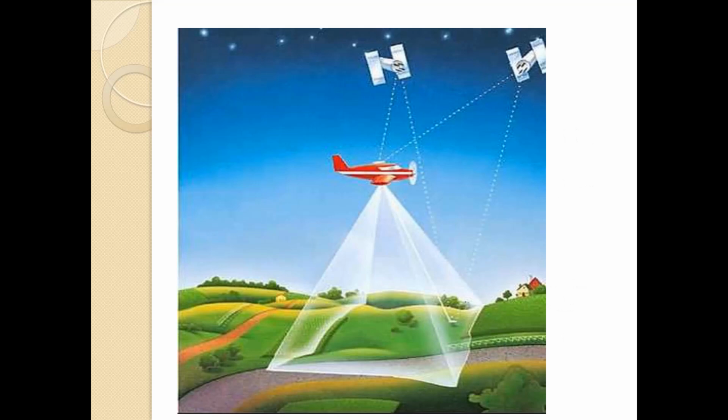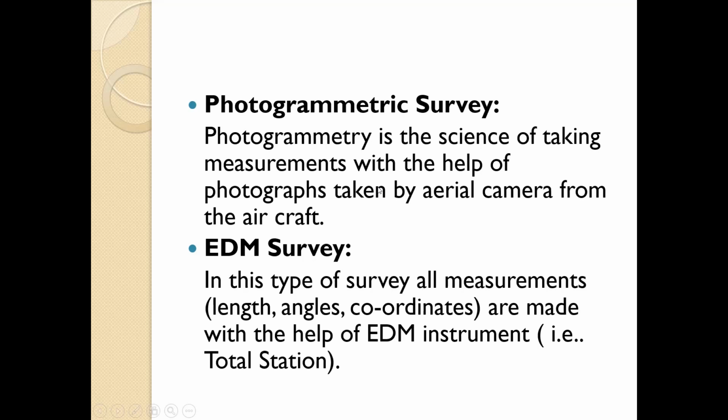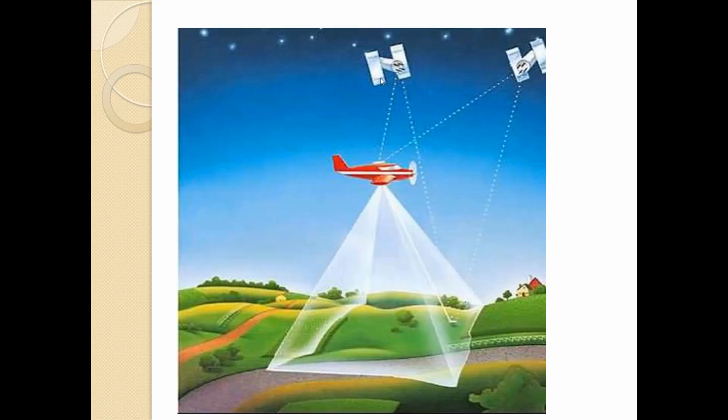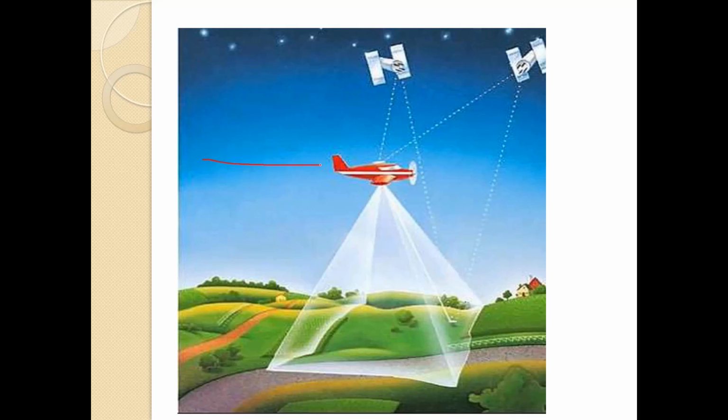Here you can see aerial photography, that is the photogrammetric survey. This way we are taking the pictures. It is a series of continuous pictures as the airplane flies in this direction.